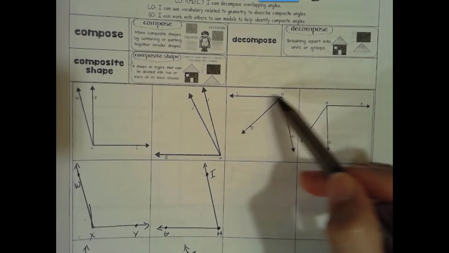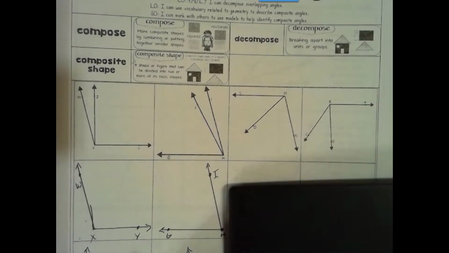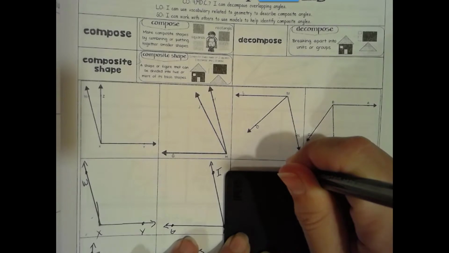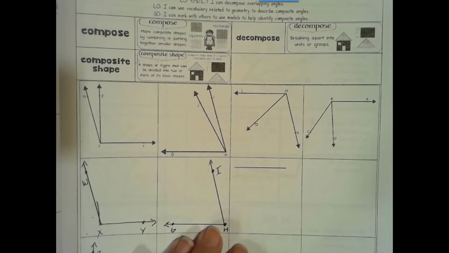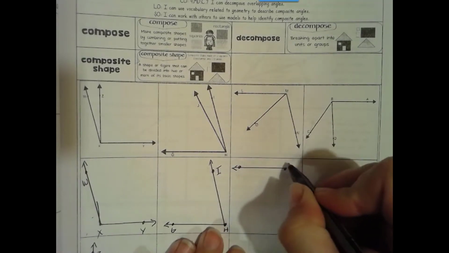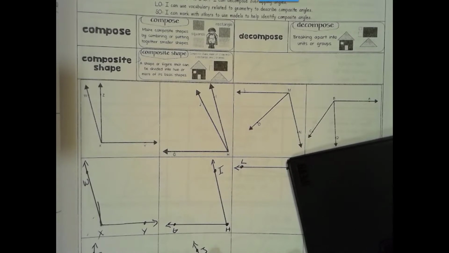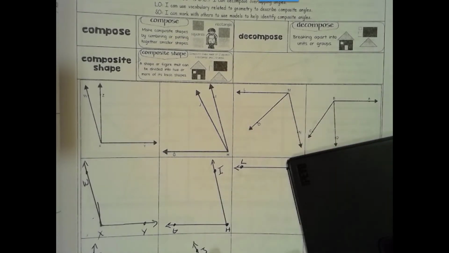Okay, next we'll start with this larger one, LMN. That's our composed larger angle. So first I have ray ML, and off of that I have ray MN.